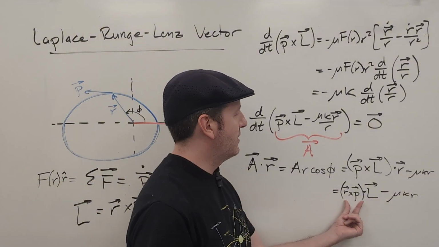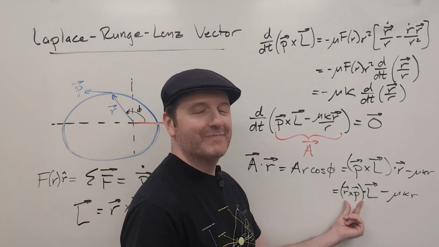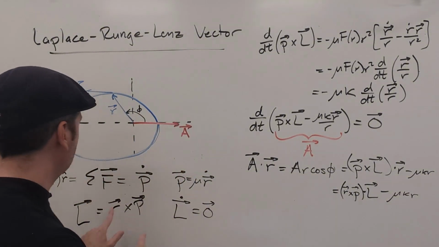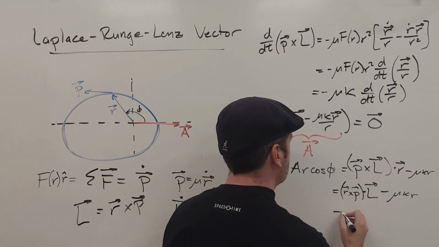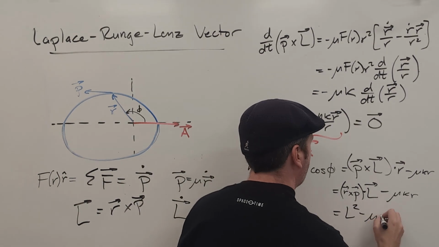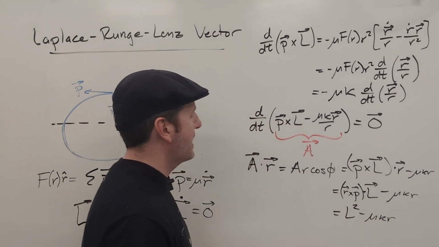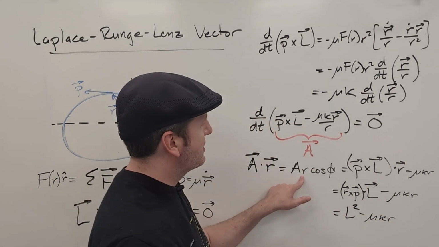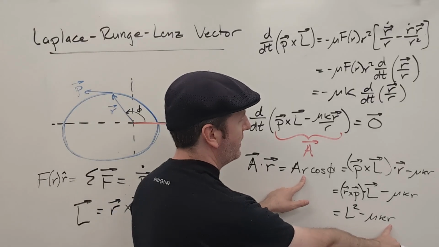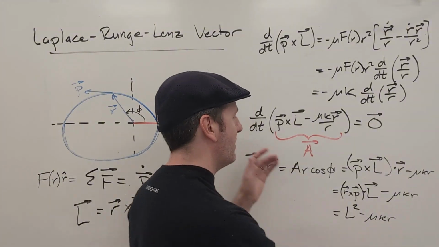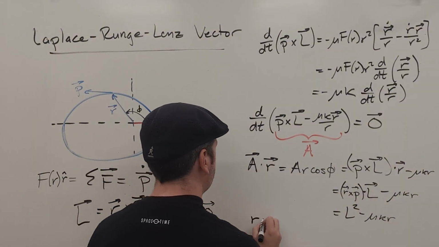And this thing right here is L. That's the angular momentum, right? That is the definition of the angular momentum we had over here. So this is L dot L, which is L squared. Okay, that's kind of nice. Now I can use this to go solve for r. Look at how I have an r showing up on both sides of this equation, so I can move stuff around and factor.